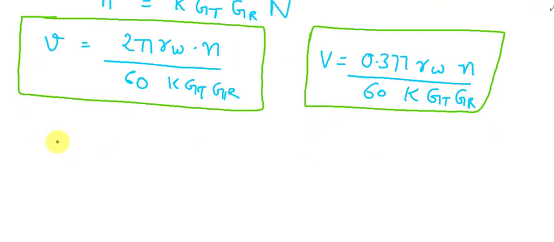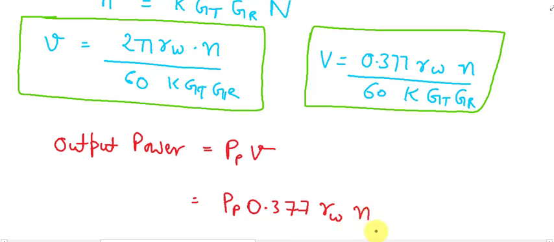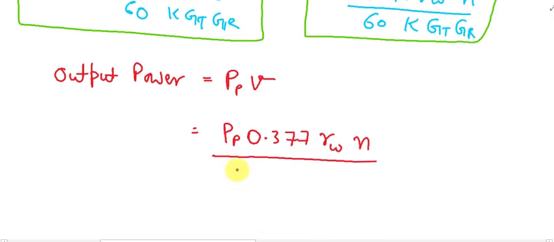we already defined our output power. Our output power is like this, small v, and this will be equal to your pp multiplied by 0.377 Rw N divided by 60, k gt gr.